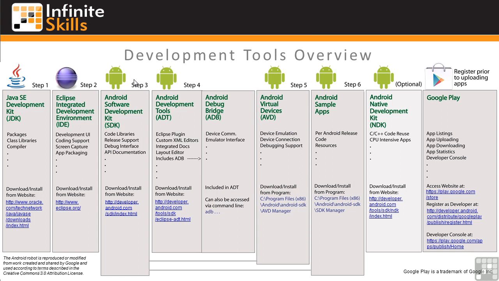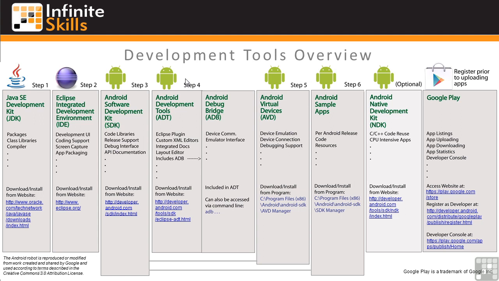The Android Software Development Kit provides the code libraries and support for specific Android releases. You'll download and install SDKs from the Android website. They include code libraries, release support, a debugging interface, and API documentation. The Android development tools provide non-release dependent software that's added to the Eclipse IDE for availability during development.